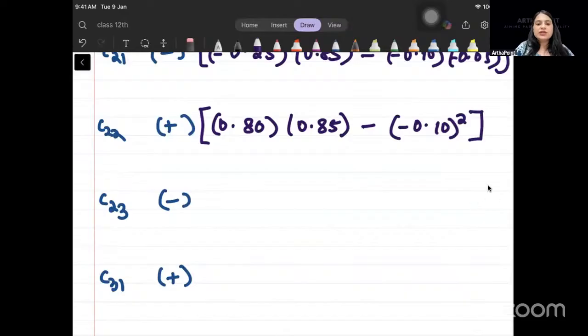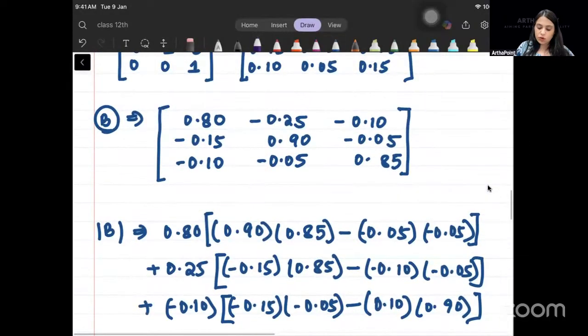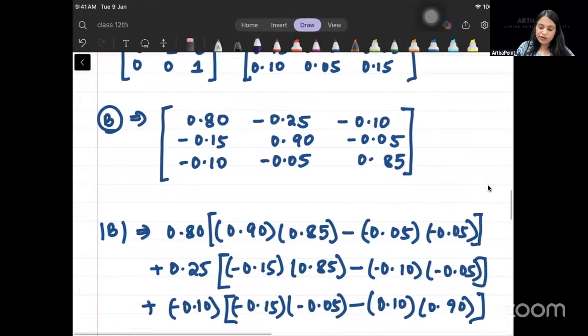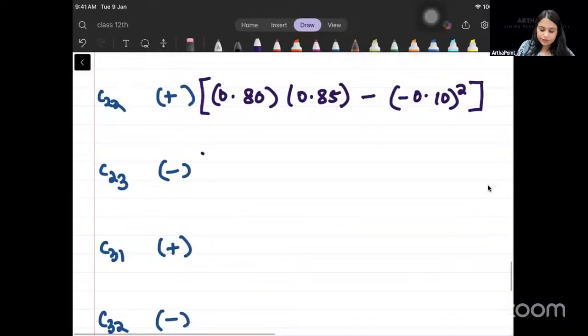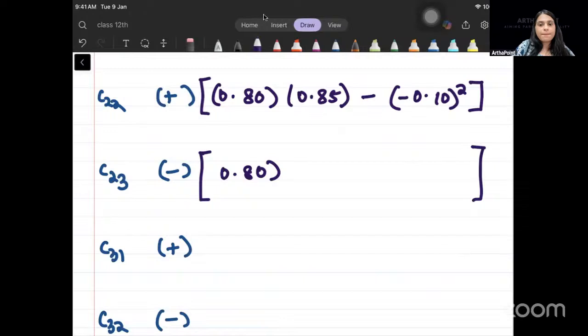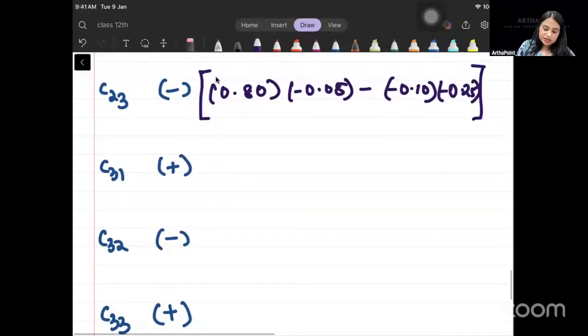Right? Then C23, just find it in a similar way. So second row and third column will be gone. So 0.80 into 0.05 minus 0.10 into 0.25. Okay, good. I'll just take the values from the chat in a minute. Let me just write these down.